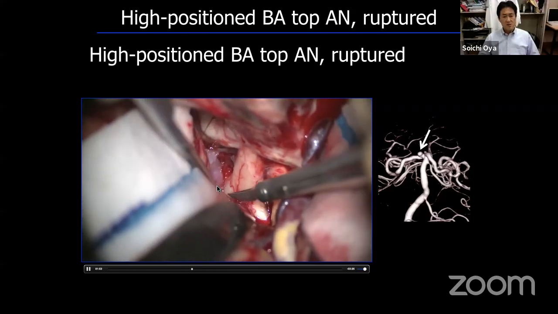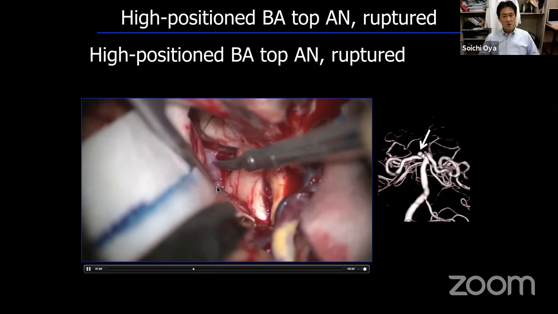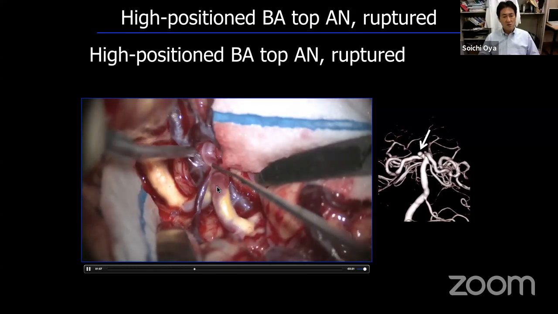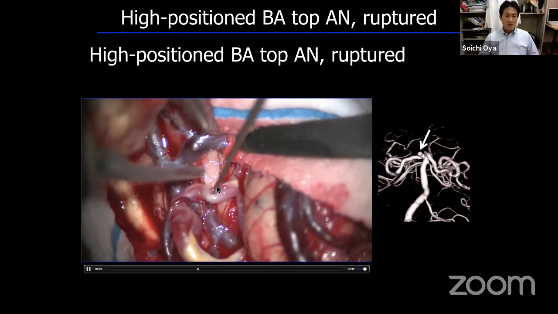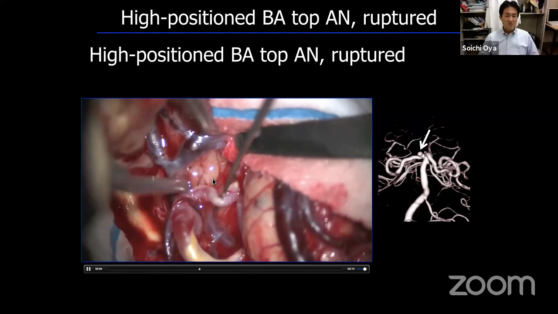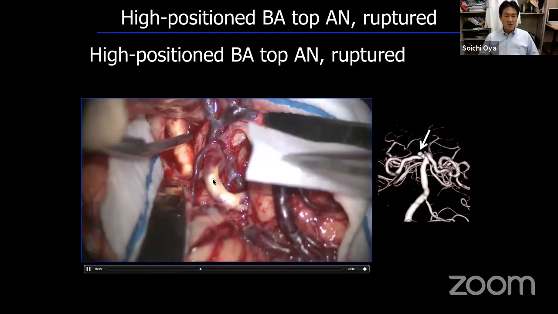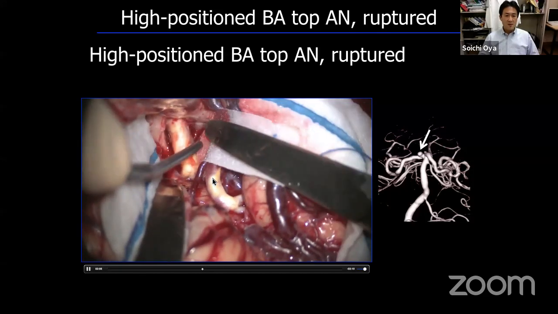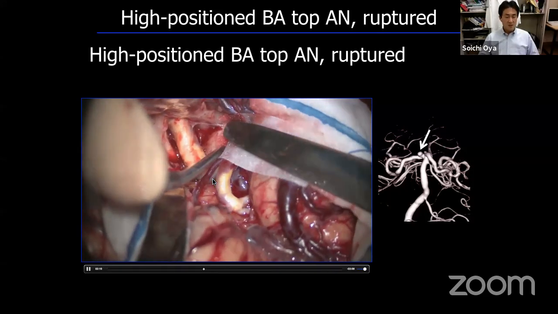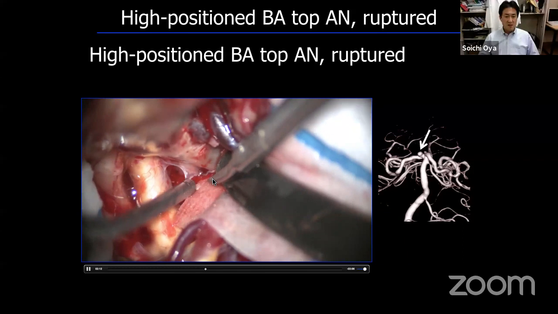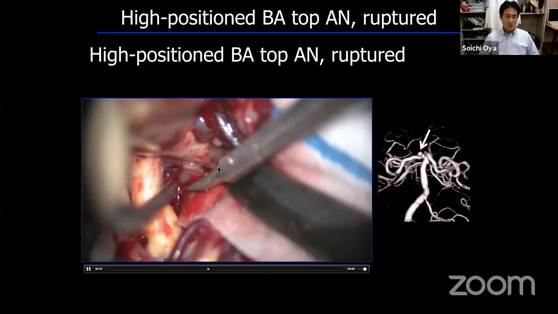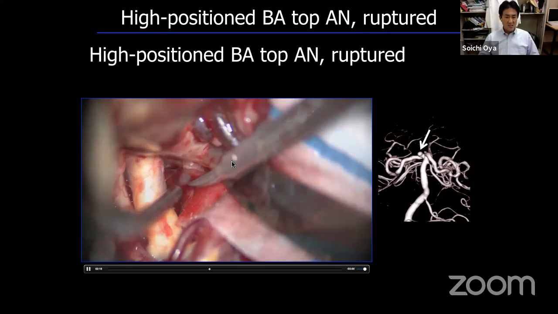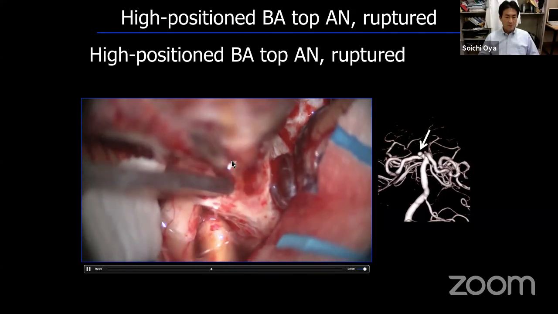This is A2, and also removing the clot in the subarachnoid space is very important. And by isolating these vessels, including arteries and veins, now I can retract the temporal lobe posteriorly like this. Look at the tip of the retractor. This is contacting the tentorium.